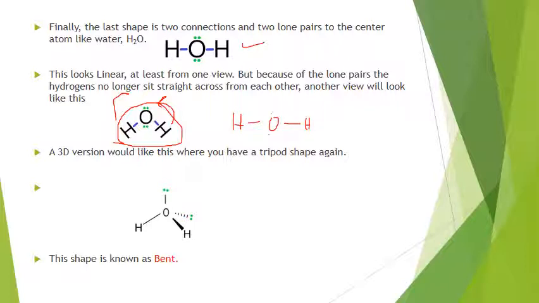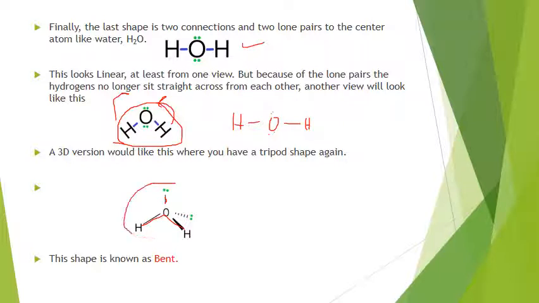If you turn it on its side, it's going to look like this. So three-dimensionally, it's hard to draw this. Here's your connectivity, and then you have your lone pairs. These are not really bonds, they just show how they're connected.